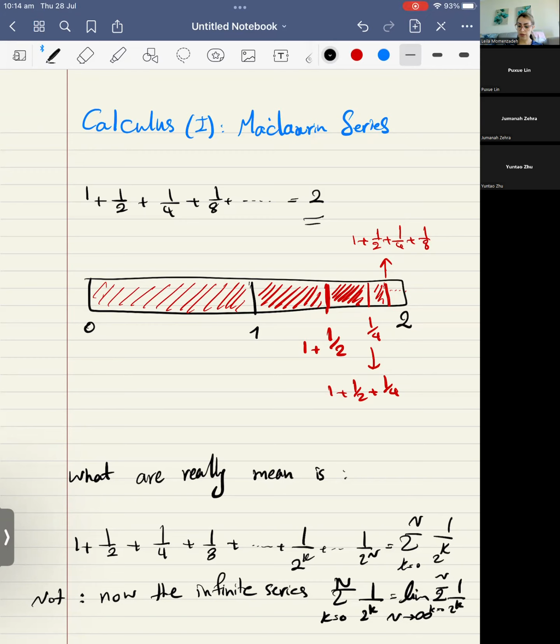It looks like the limit, yes? Limit of something. It's very close to 2.